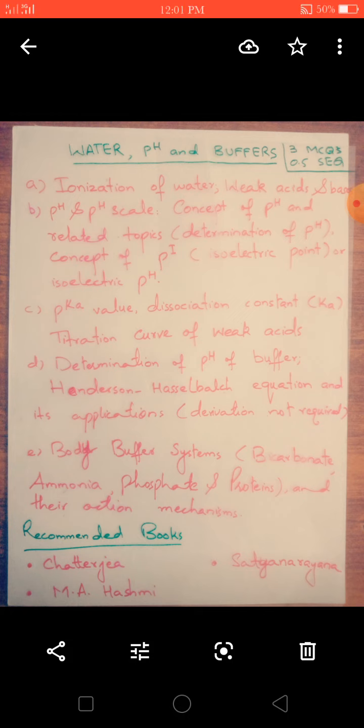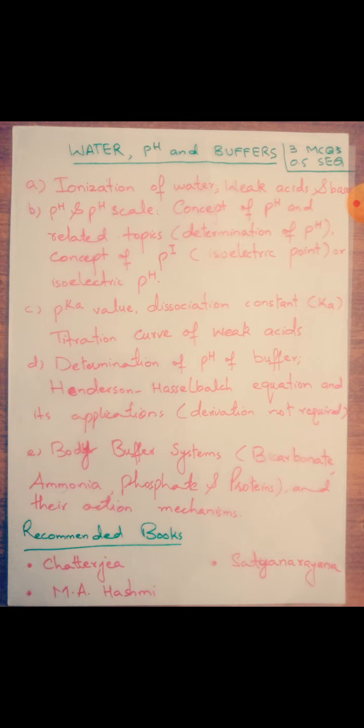Now this is a new topic in which different physiochemical concepts work to maintain the acid-base balance, to maintain blood pH at a regulated value, that is 7.35 to 7.45, and we will study different chemistries and action mechanisms of biological buffers that are working inside our body, with ongoing physiochemical changes to regulate the blood pH in a normal limit.